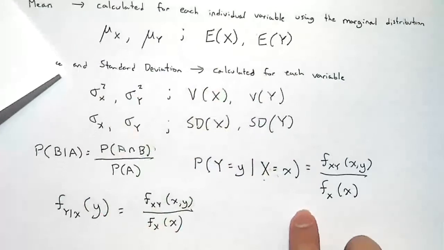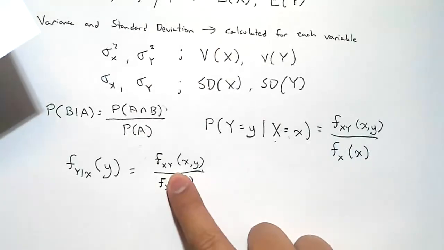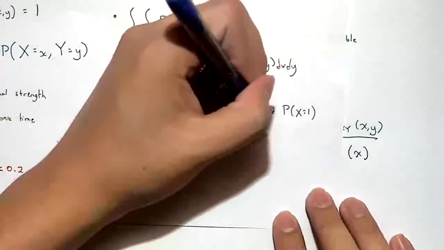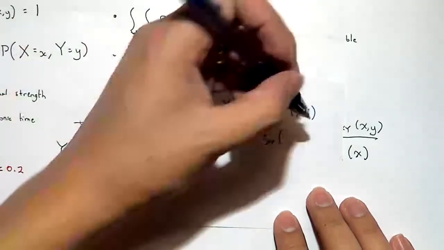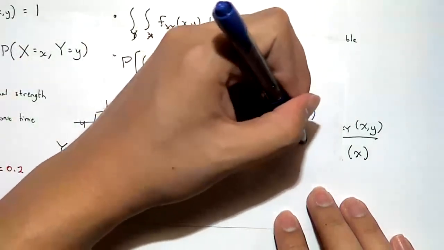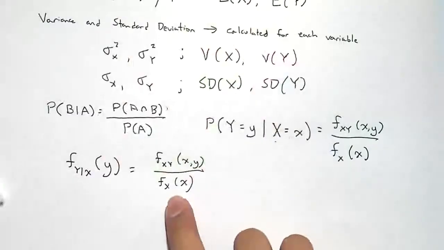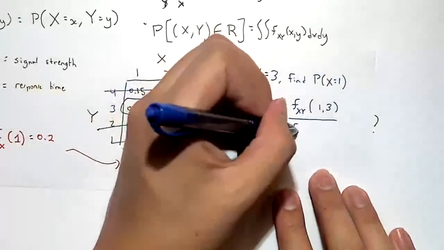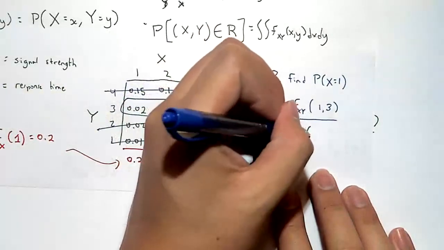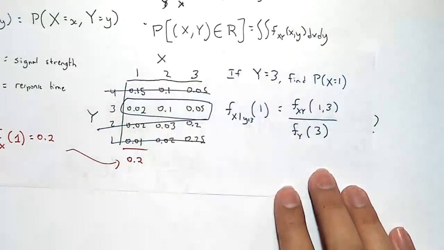Following the equation, this is found by taking the joint probability distribution of both values, the function f_xy of x equals 1 and y equals 3, and then dividing by the marginal probability of the first event. My first event is y equals 3, so this would be the marginal probability f_y of 3.